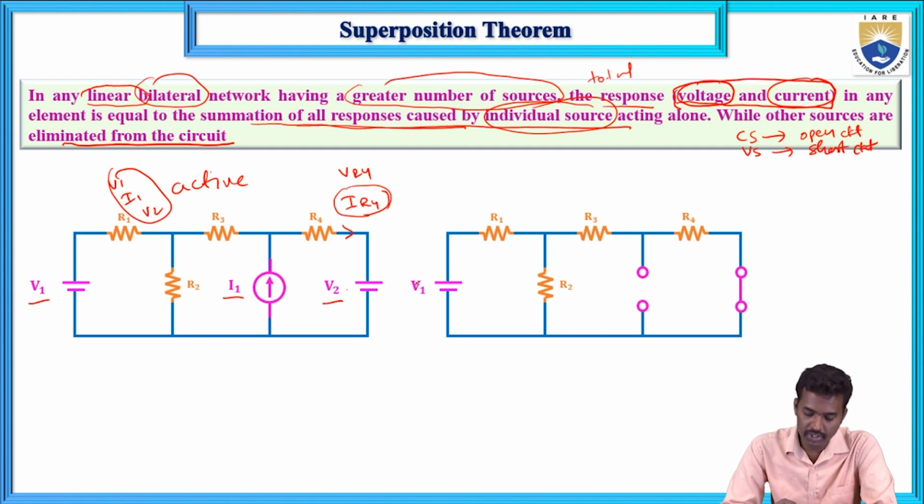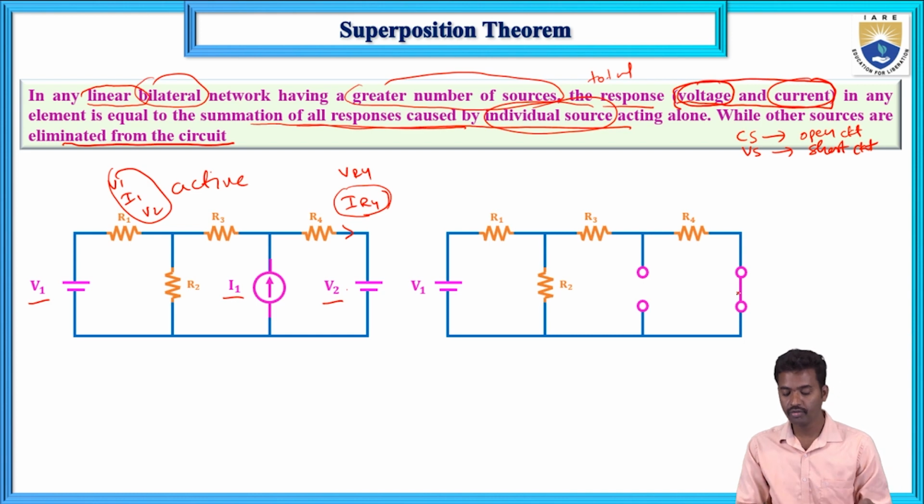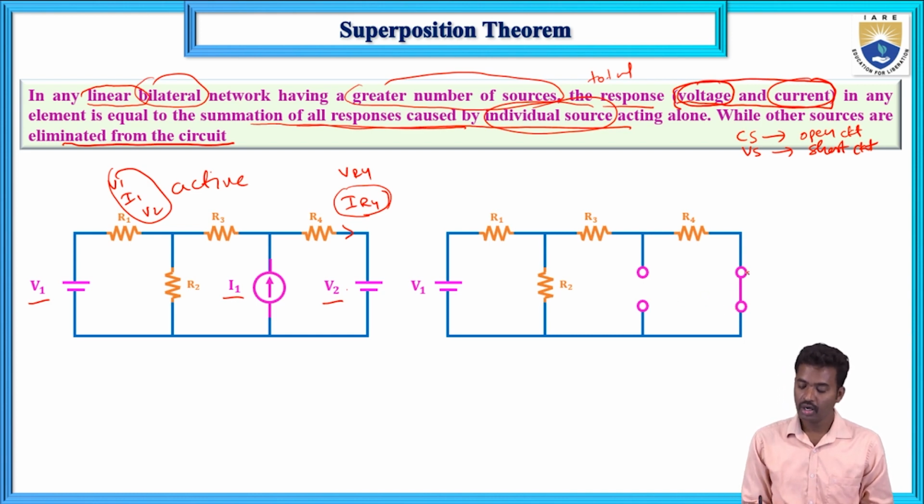How many sources are here? Three: two voltage sources and one current source. Here V1 is active, and I1 and V2 are deactivated. Deactivated current source I1 means its value must be 0, and V2 must be 0.